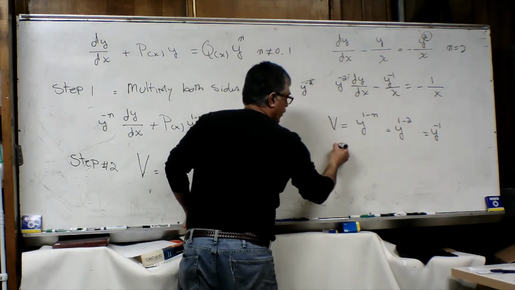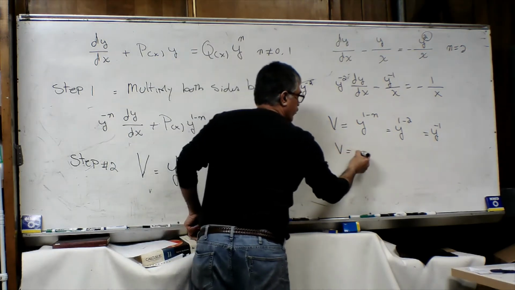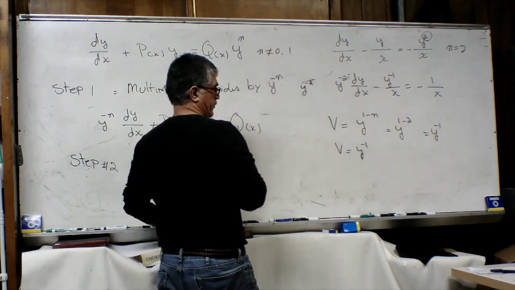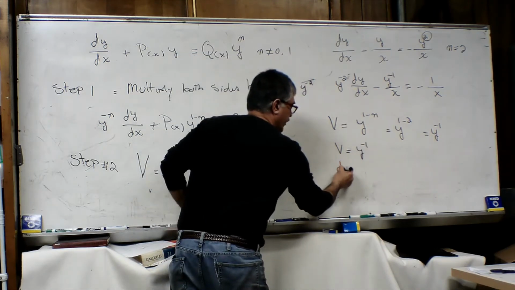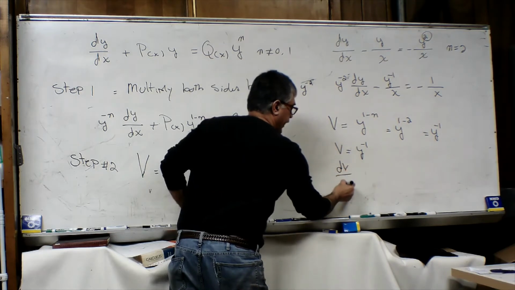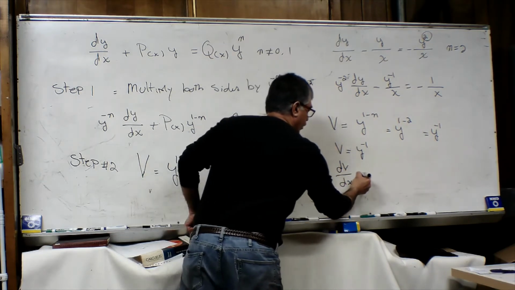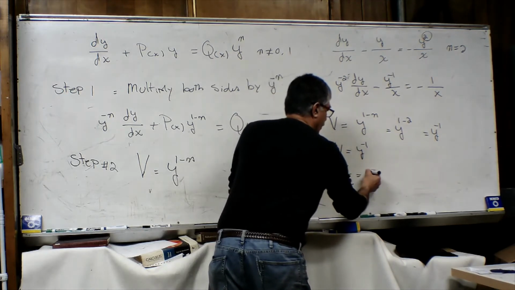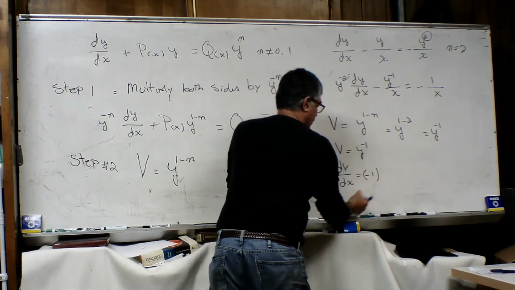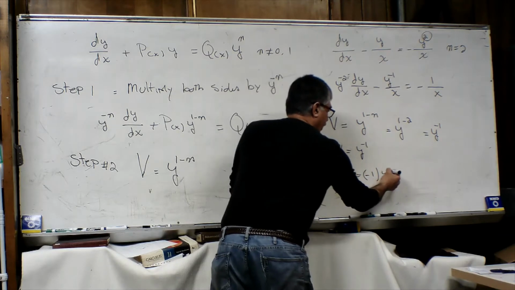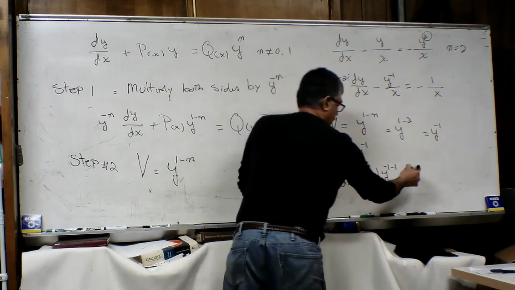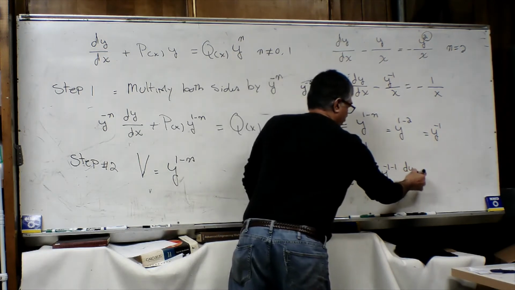So if our v is equal to y to power minus 1, our dv over dx will be equal to minus 1 multiplied by y to power minus 1 minus 1, dy over dx.